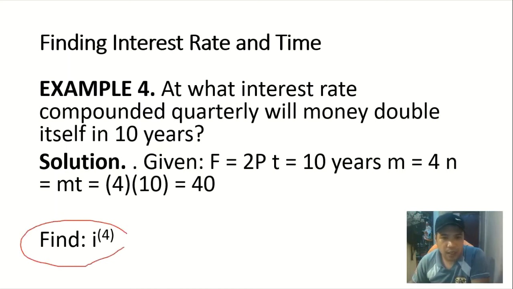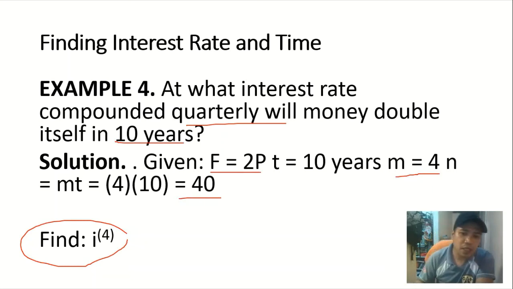Quarterly, so m is 4. 10 years, so 4 times 10 is 40, that is our n. Then the money doubles, so F is equal to 2P.